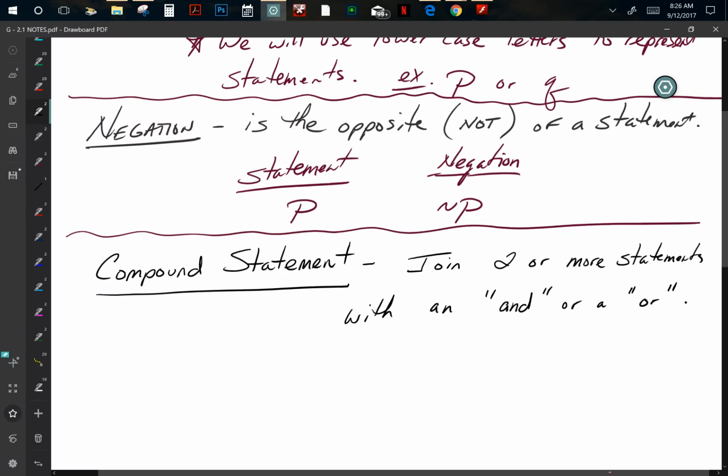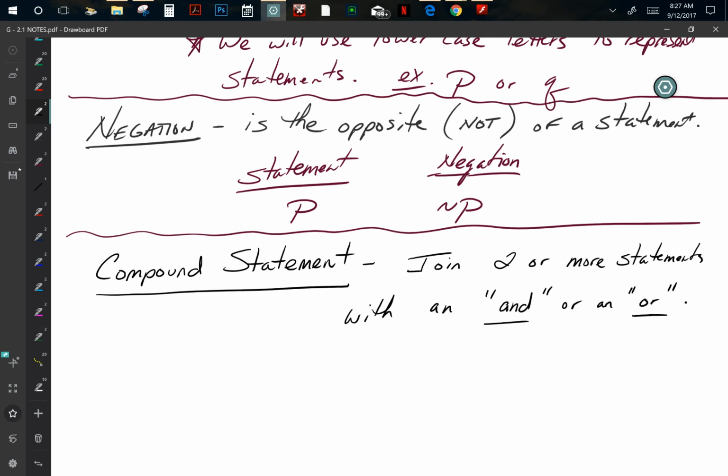That sounds weird, doesn't it? With an and or an or. Basically, these are the things that combine them. I think you guys have used those words before in your life, haven't you?